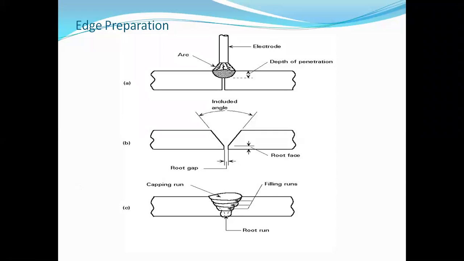So in the diagram, you can observe the butt joints, the different types of edge preparations. Before edge preparation, the arc will go up to here only. With edge preparation, it fills the complete gap.